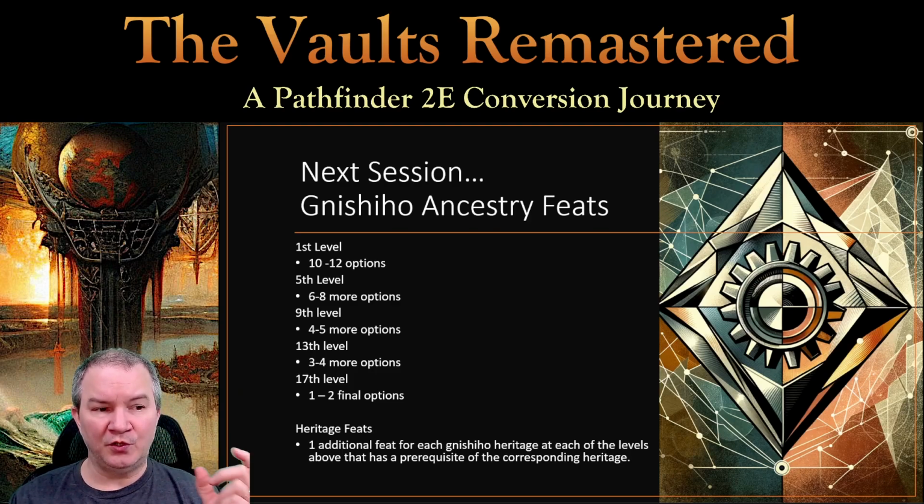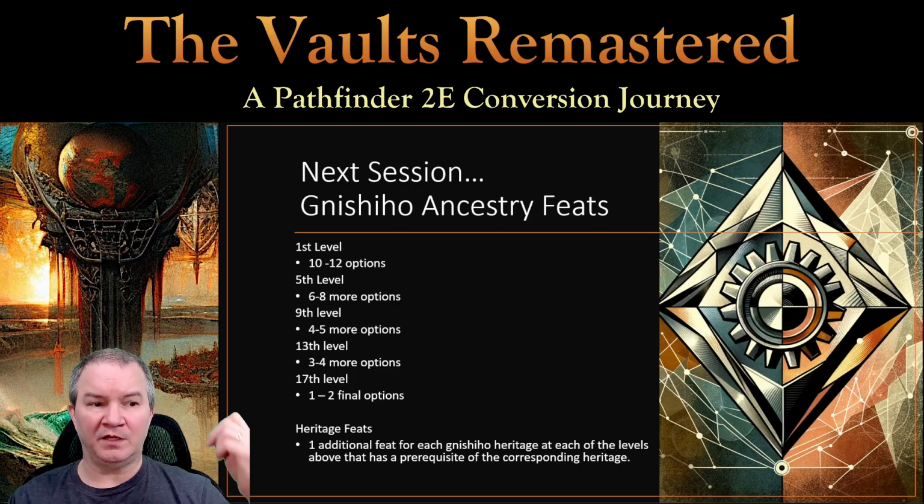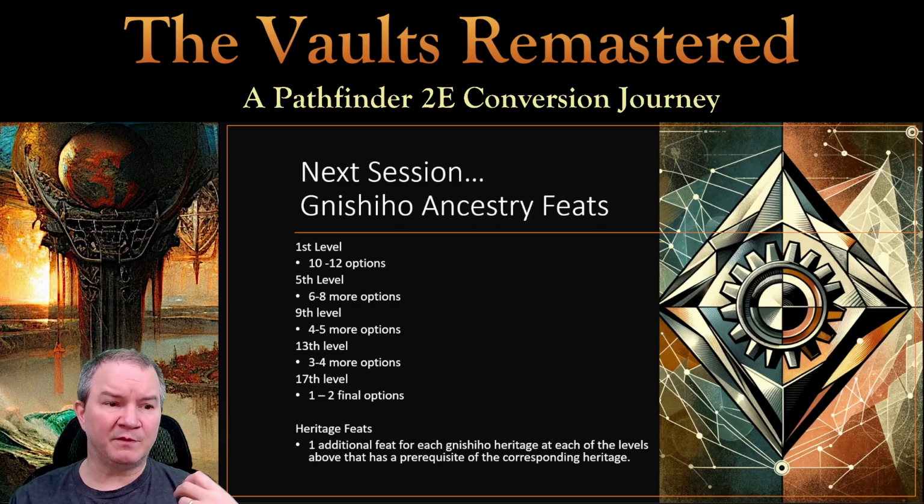I'll also use the feats from gnomes as a starting point to generate all these options as well. Because if I can go to the Player Core and reflavor 6 or 7, let's say first level gnome feats, to be deep gnome feats, to be Gnishiho feats, well, then I only need to come up with brand new 4 or 5 feats. So it saves me some time.